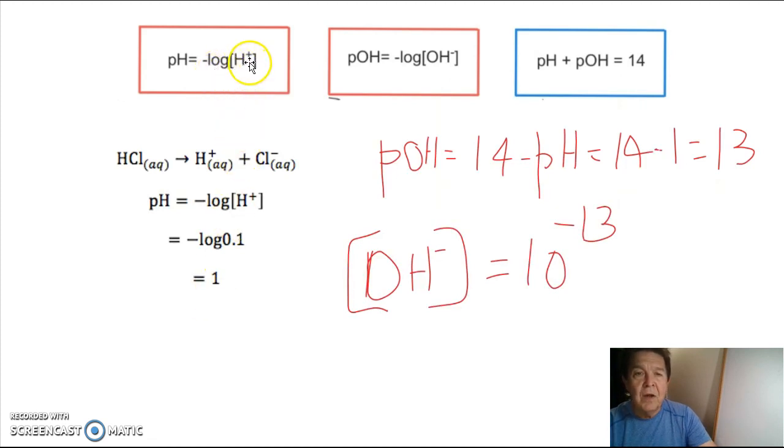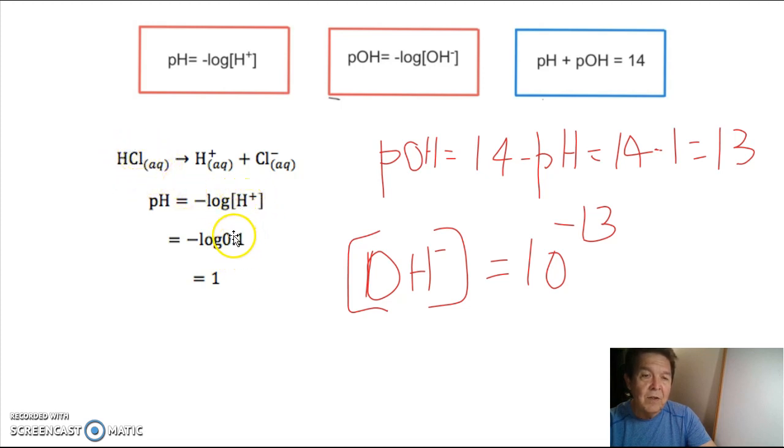pH is minus log the concentration of the hydronium ion, while pOH is minus log the concentration of the hydroxide ion. pH plus pOH is 14. In this case, we have a solution of hydrochloric acid. Hydrochloric acid is a strong acid, then it is completely ionized, and then the concentration of the acid is the same as the concentration of the hydronium ion.